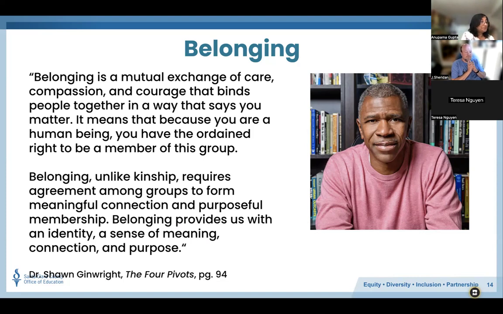And Dr. Ginwright is from San Francisco, and amazing. He has written about equity and work with justice. So I thought it's a wonderful quote by him, which inspires you to keep doing what you're doing and keep the equity focus in mind.